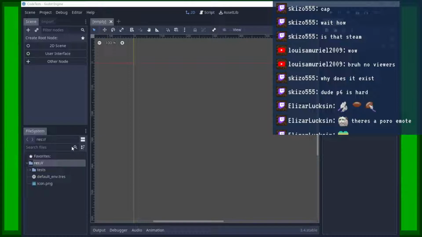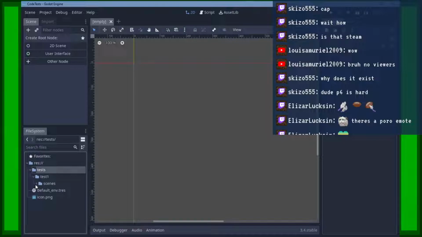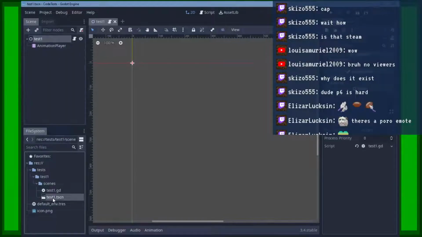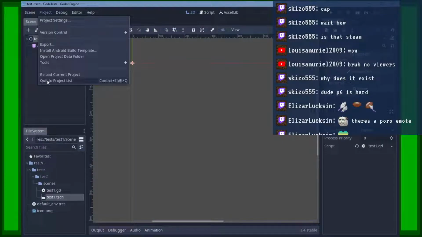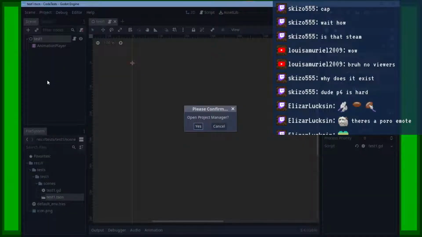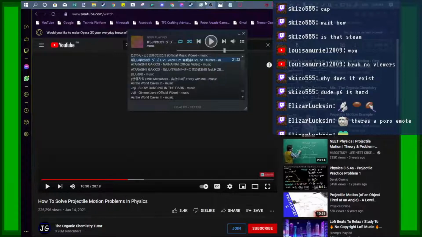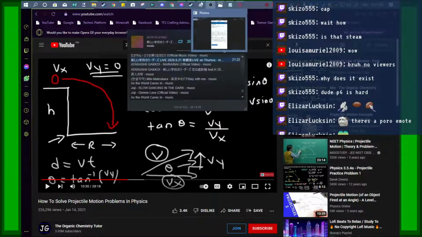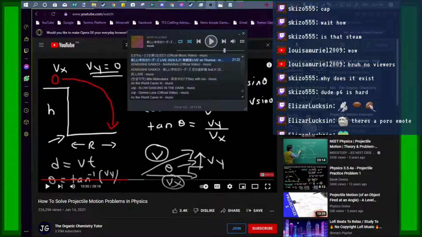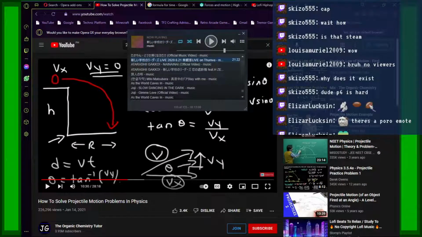It is Steam. What about it? Oh great, that's the one. Wait, that was linear interpolation. What happened? Did I just quit it?